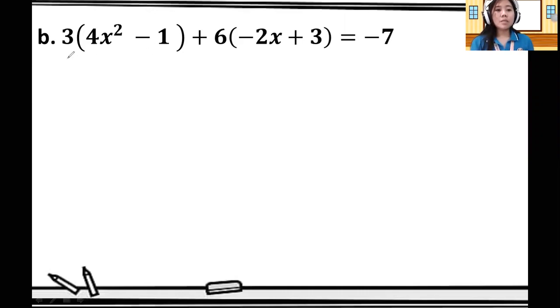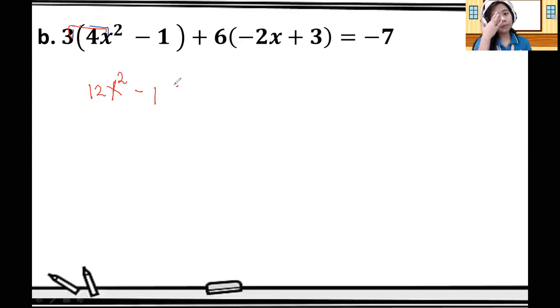So 3 times 4x squared here. I'm going to use red ball pen, red ink. So 3 times 4x squared is 12x squared. Okay, class.